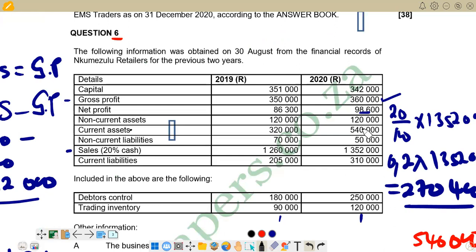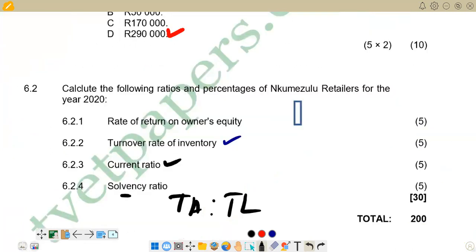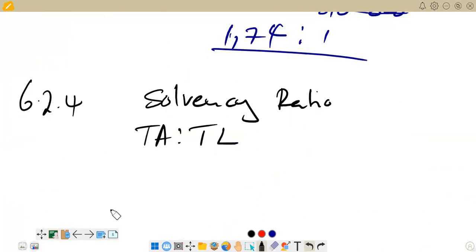We add 540 for current assets and non-current assets 120. If we add the two, we get 660. This is our total assets, 660. Then our total liabilities, we add 310 plus 50 and we get 360. So this is 660 to 360. So you can just go there and present it like that.